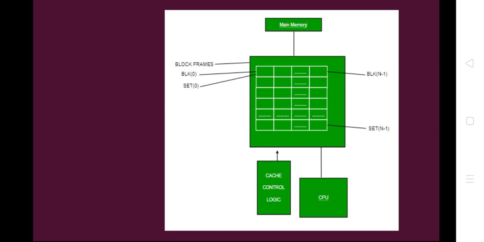In this example, set 0 has 6 blocks. So if you address set 0, we can access 6 blocks of data. We can search the data among all 6 blocks instead of checking once as in the previous method, associative mapping. That is the advantage of how direct mapping and associative mapping are brought together in set associative mapping.